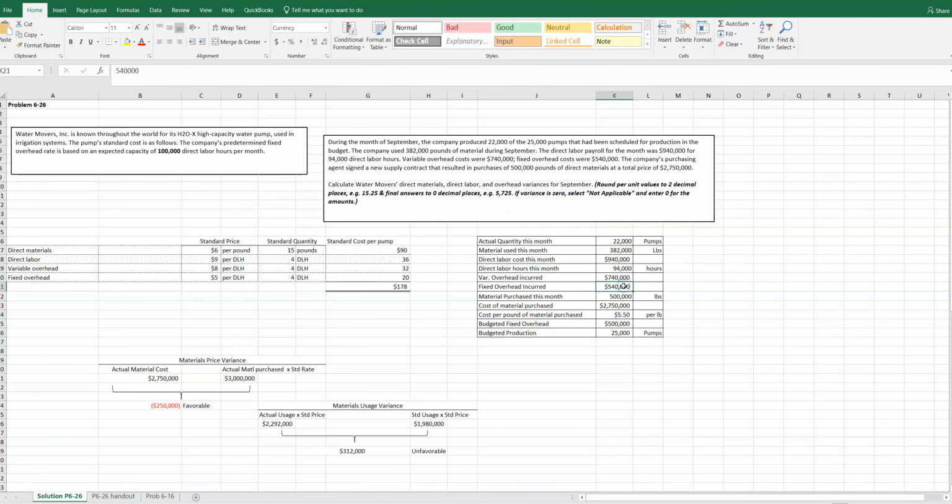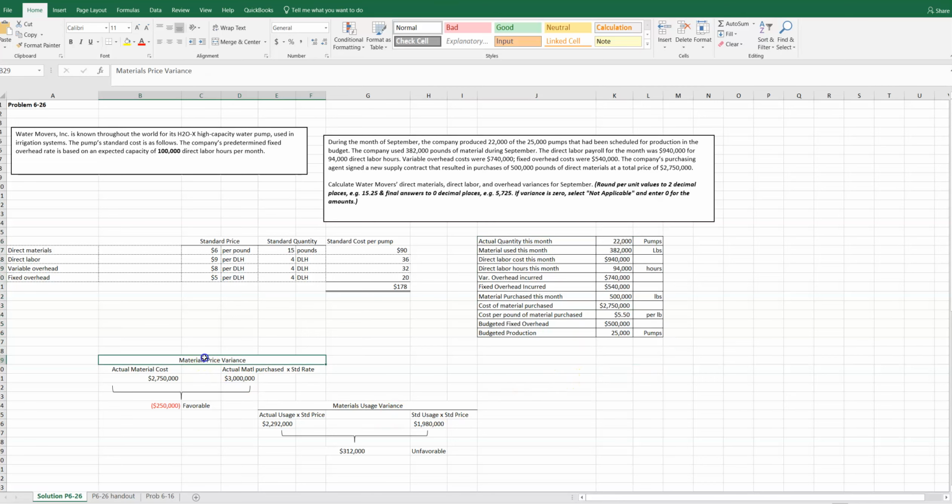Fixed overhead incurred was $540,000. They purchased 500,000 pounds of material for $2,750,000 purchased cost. So the cost per pound is $5.50. Don't know if I'll use that, but you know, we might. So there's all the data. I think that'll help me get everything done.